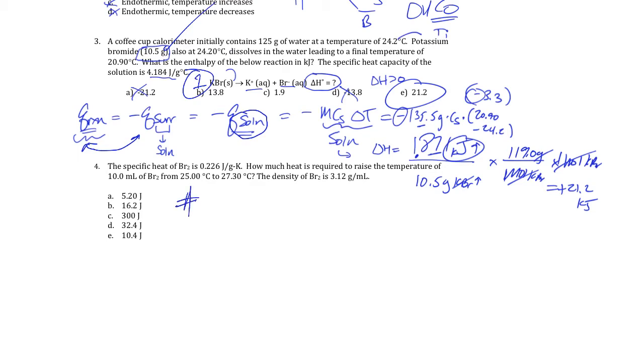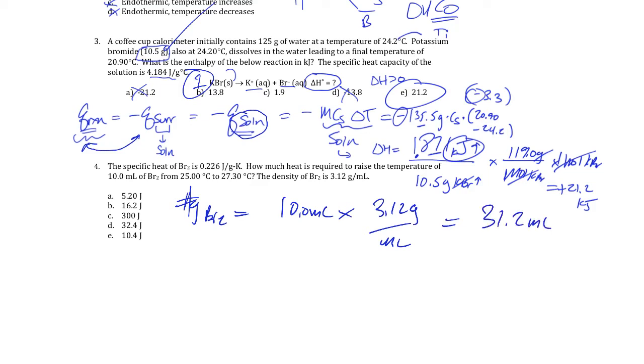So the number of grams of Br2 here would be the 10 milliliters, that's usually how we think of measuring out a volume of a liquid, times 3.12 grams per mL gives us 31.2. Simple math, but just making sure I don't screw it up. 10 times 3.12 is 31.2 grams, not milliliters. So that'd be grams.